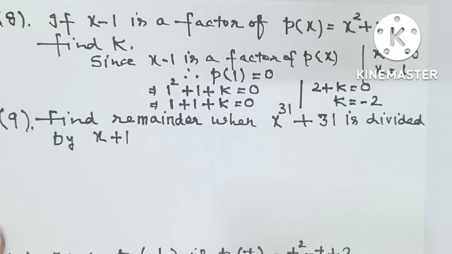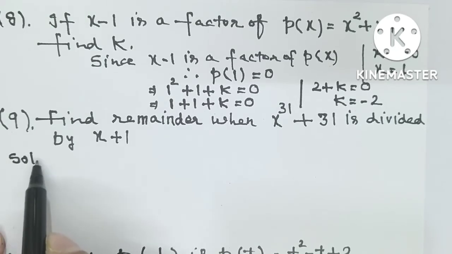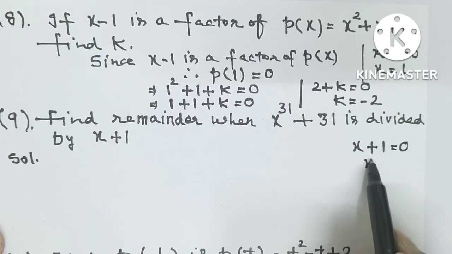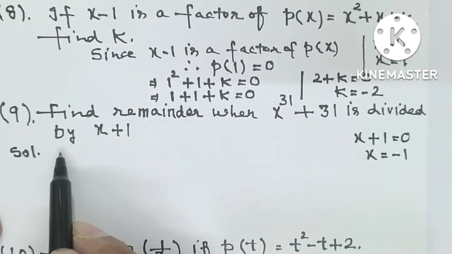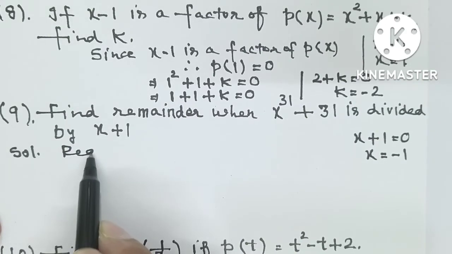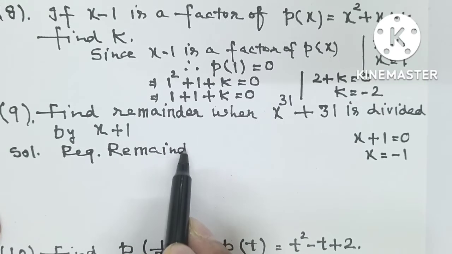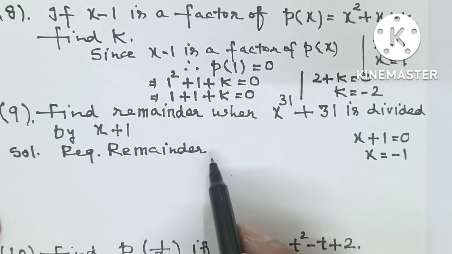Now the next question is: find the remainder when this is divided by x plus 1. Solution. Here x plus 1, in the rough work, you can equate to 0. So x will be equal to minus 1. So we can say that minus 1 is the zero of x plus 1. Here to find the remainder we will apply the remainder theorem. So we will write, required remainder: this polynomial is divided by x plus 1.